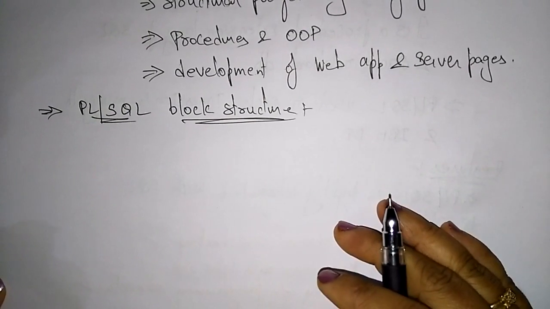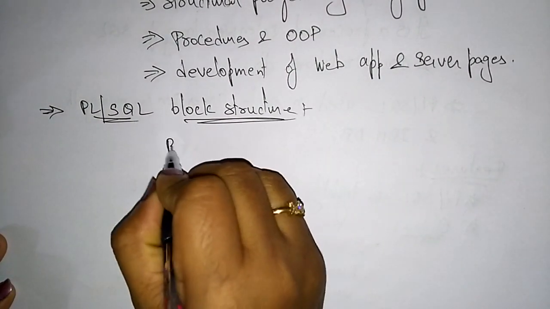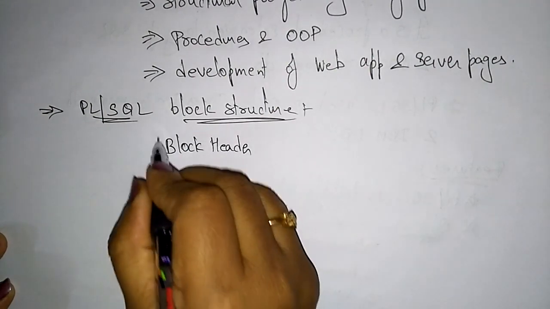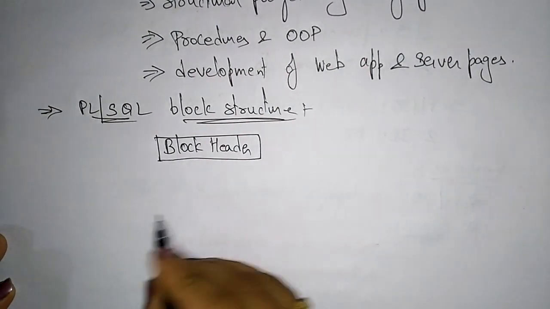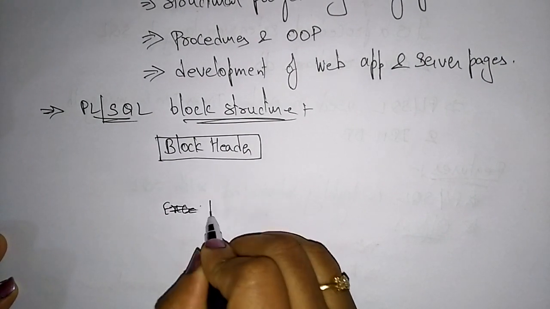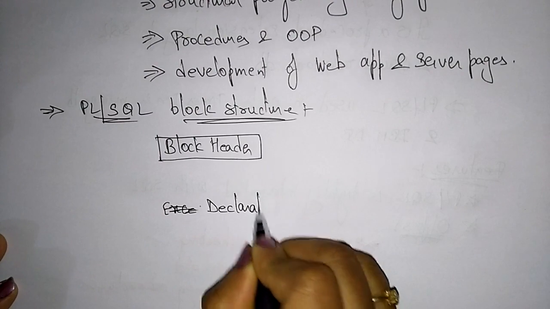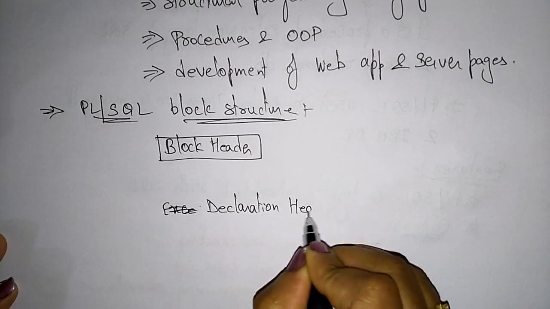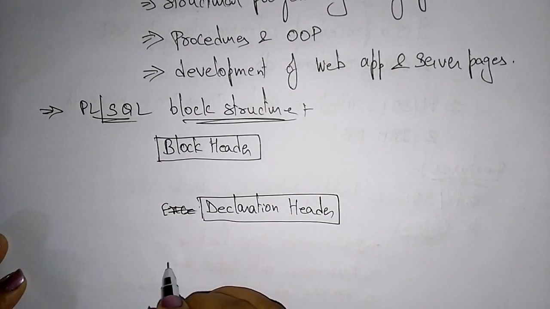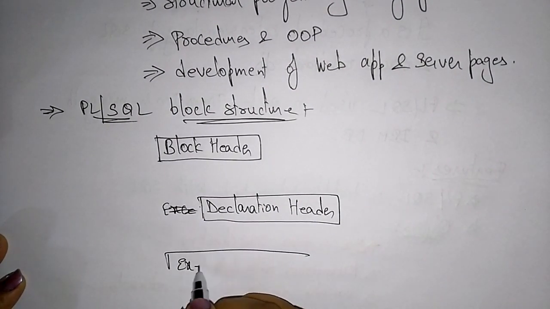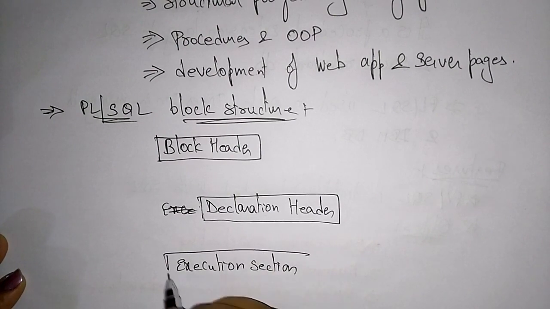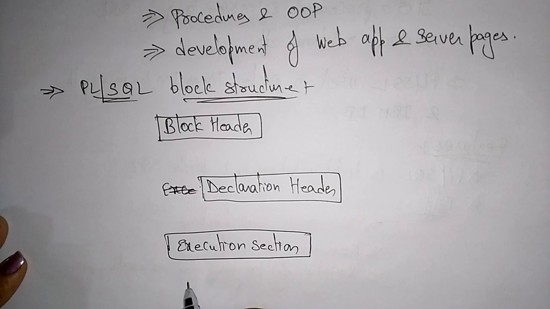First there will be the block header, then the declaration section, the execution section, and also the exception section.